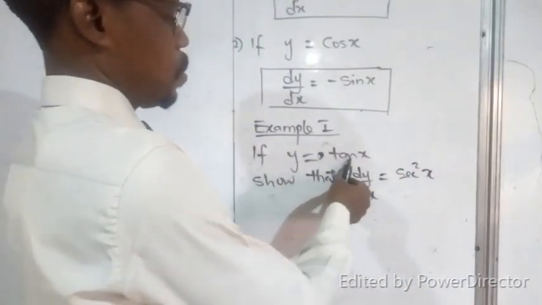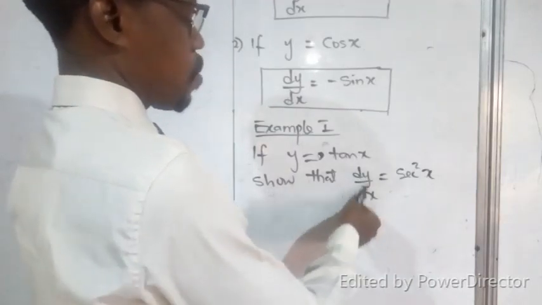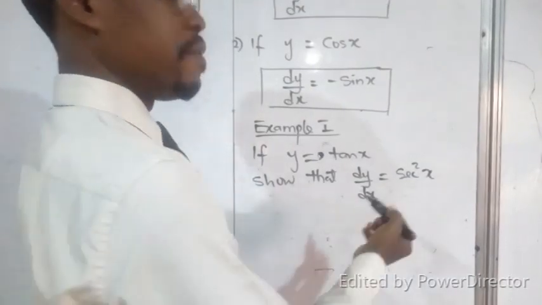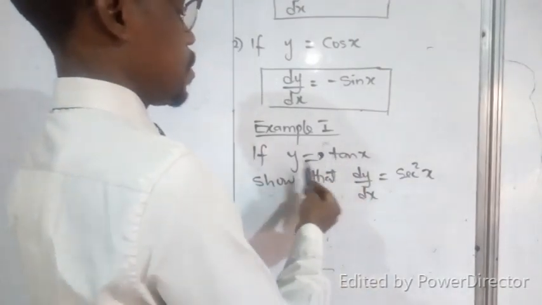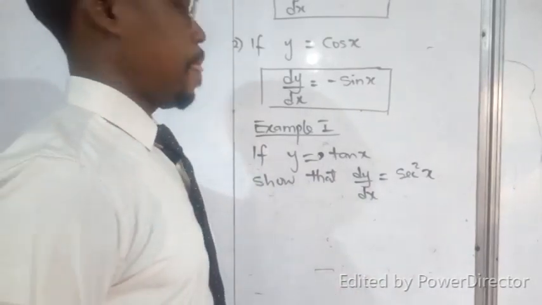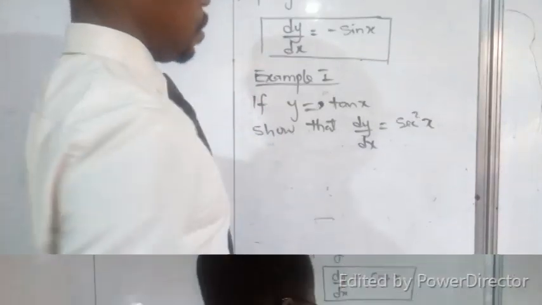if y is equal to tan x, we want to show that dy dx is sec squared x. What this invariably means is that the derivative of tan is sec squared. So let us prove that this is equal to this.